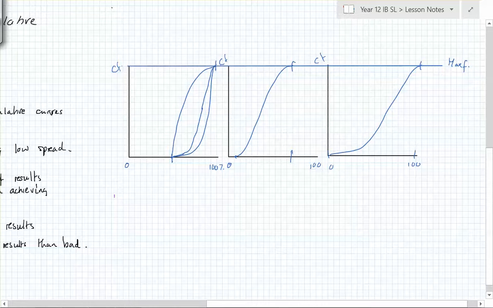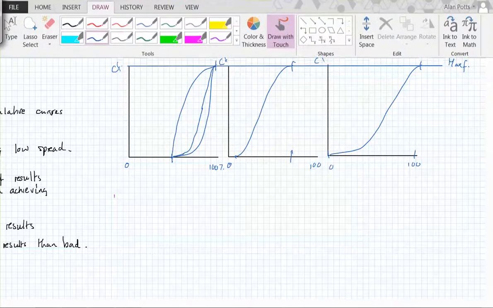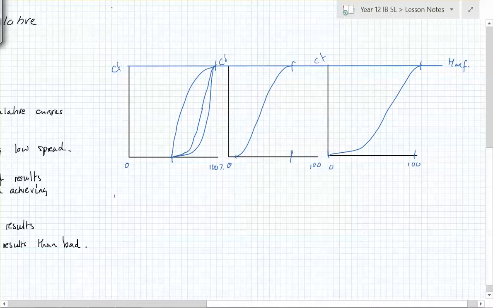Okay, so we've got a large range of results. So we can see from this what effect it has on the median. So obviously the median line is going to be a line kind of through there. That's the median. But you can see for this one, for instance, let's take this middle one, the median is really quite high.